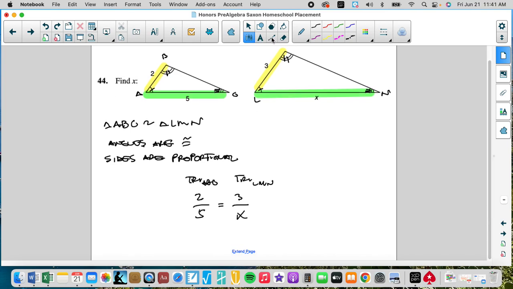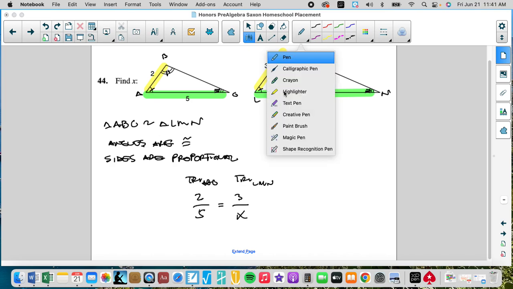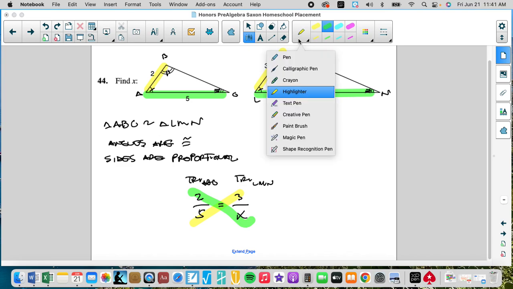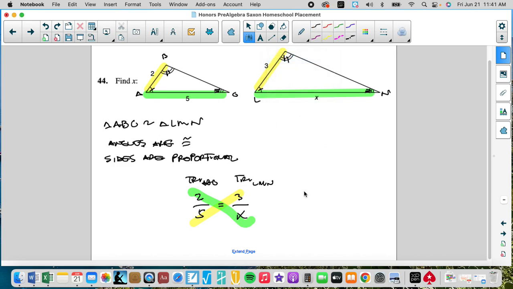We can write an equivalency. We can go, oh, look at this. 3 times 5 should be equal to 2 times x. And we can write that, and let's go back to pen. So 2 times x equals 3 times 5. 2x equals 15, divide by 2, x equals 7.5.